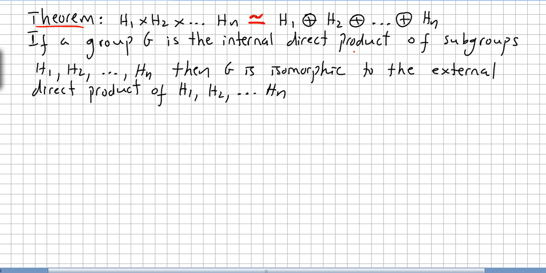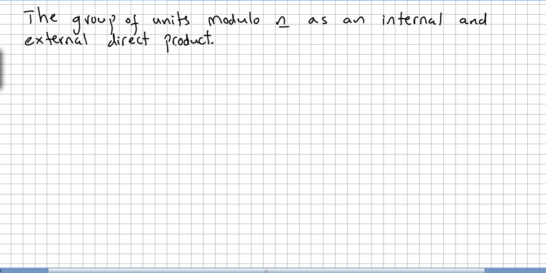If a group G is the internal direct product of subgroups H1, H2, Hn, then G is isomorphic to the external direct product of H1, H2, Hn. It's a very nice proof, but I'm not going to do this now here. I can do it if that is requested or needed for some reason.